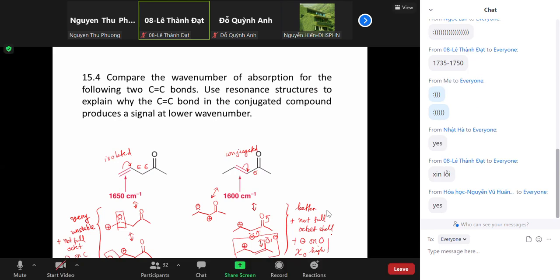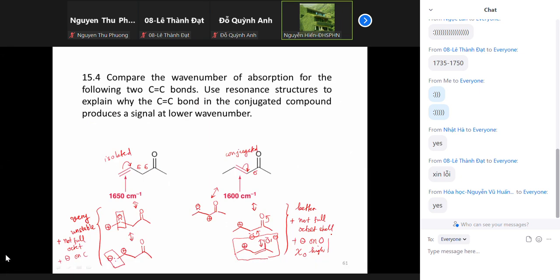Okay, so which of the resonance structures contribute much to the real structure? So this one contributes much to the real structure.